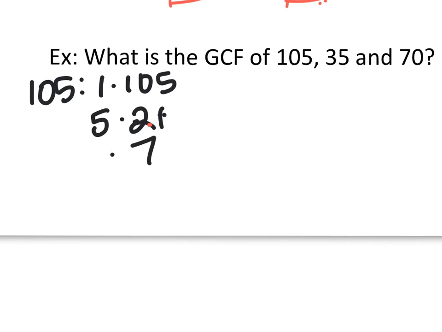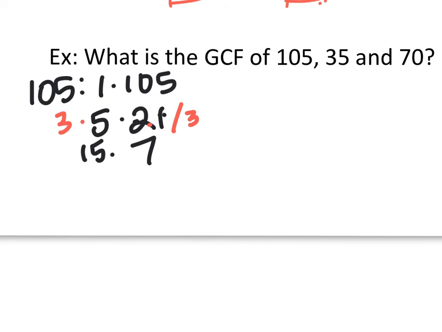And then, if we divide that by 3, we get 7. And if we multiply that 5 by 3, we would get 15. So 15 times 7 is also 105.